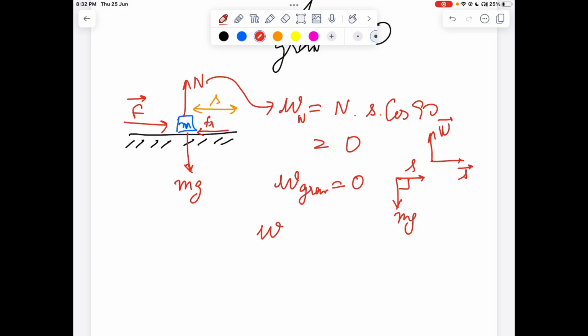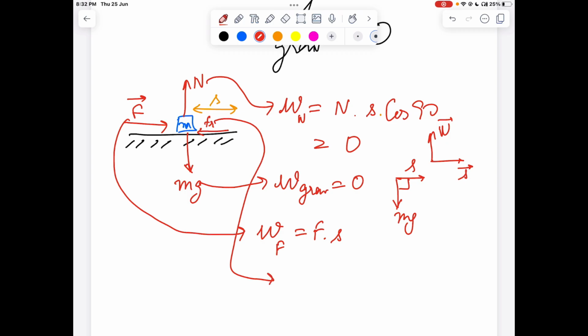Then the work done by this F force would of course be F dot S, and the work done finally by the friction force would be Fr S cos 180, because Fr is acting in this direction and S is in this direction.